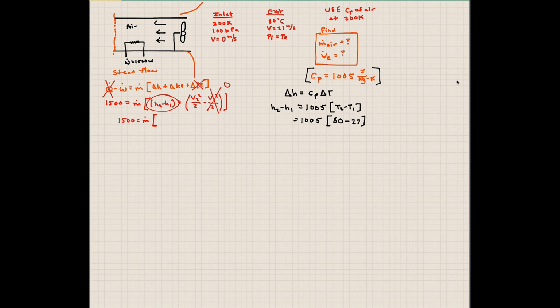So this comes out to be 53265 joules per kilogram K. Oh, I'm sorry, joules per kilogram.